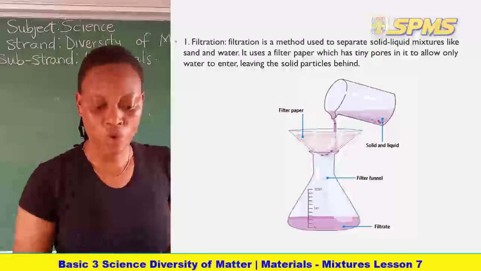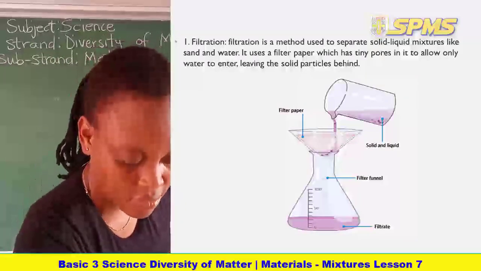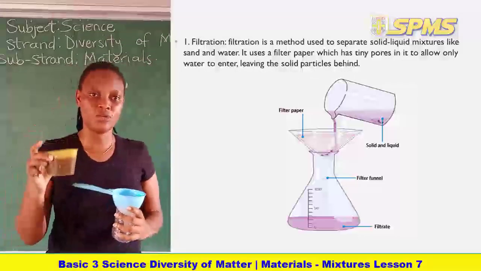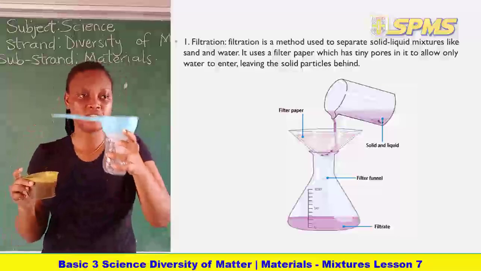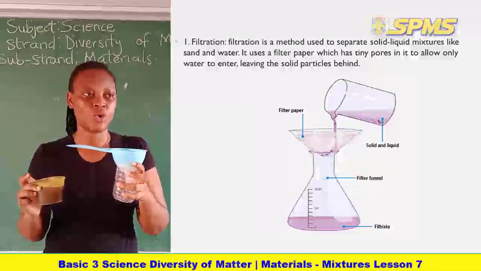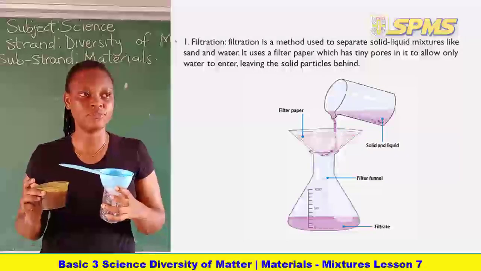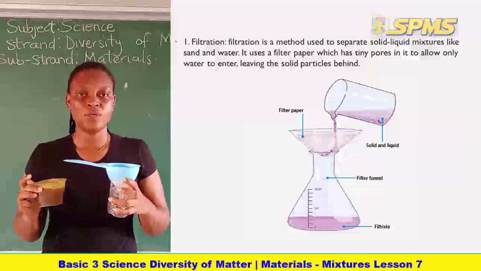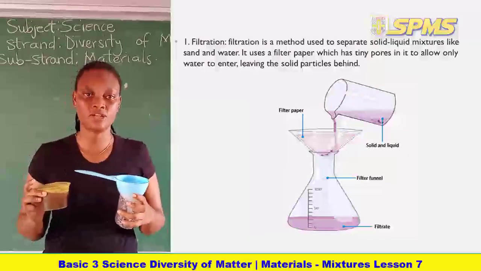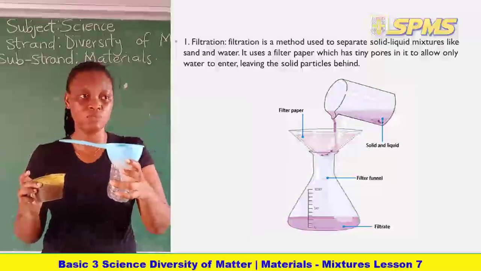Good. So we'll separate our solid liquid mixture using the filtration method. As we can see on our screen, we can see an example of the filtration method. So that is what we'll be doing.